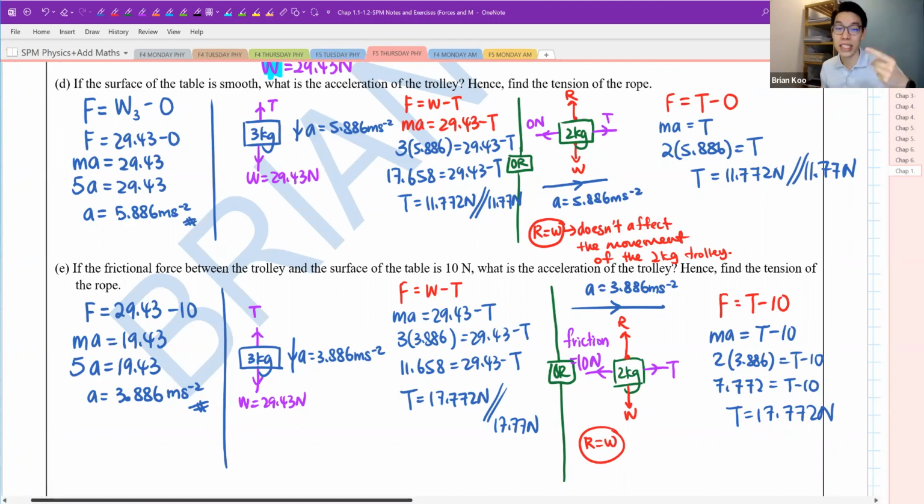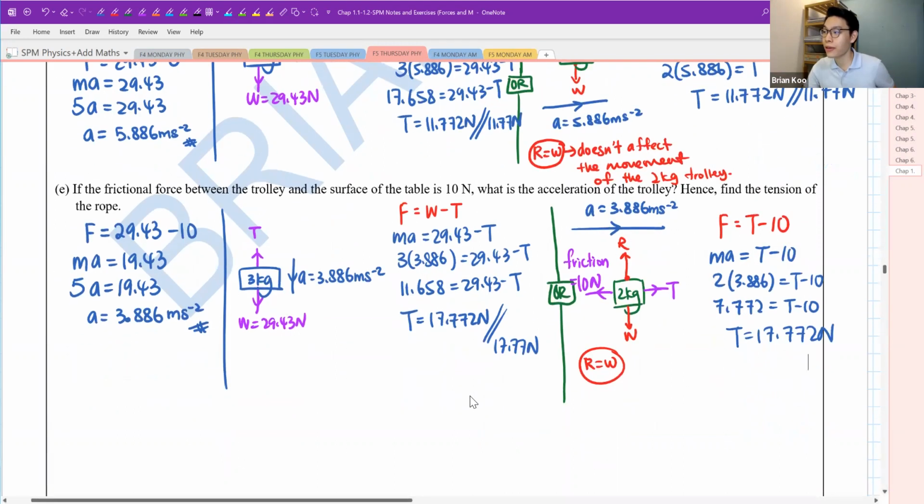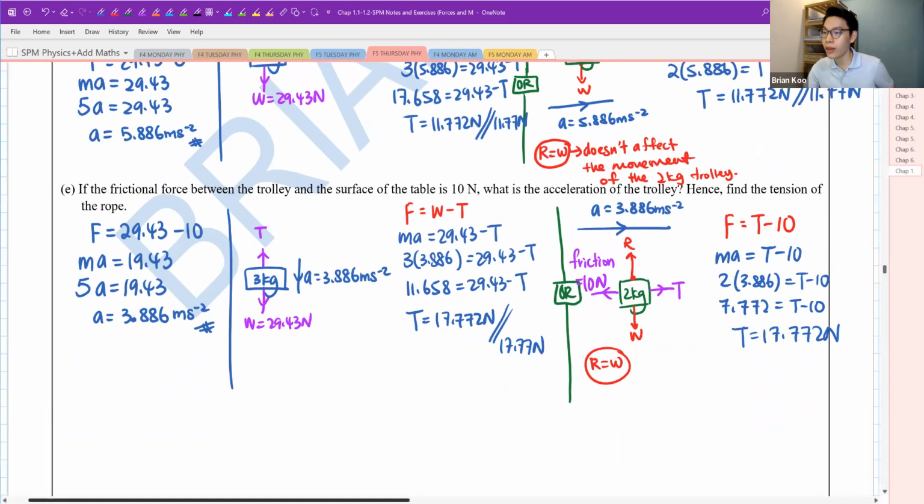So one question, I can split up into 3 questions, looking at the whole system or looking at the individual objects. Yeah, and the most important step is the first step. The rest is just typing in the calculator and moving things around. It's just maths.